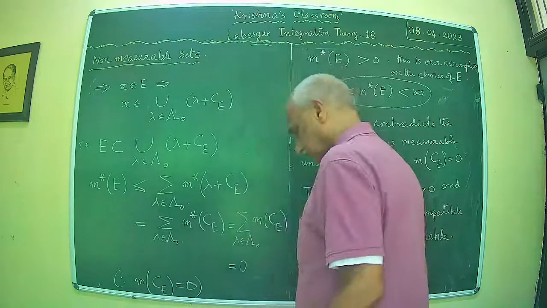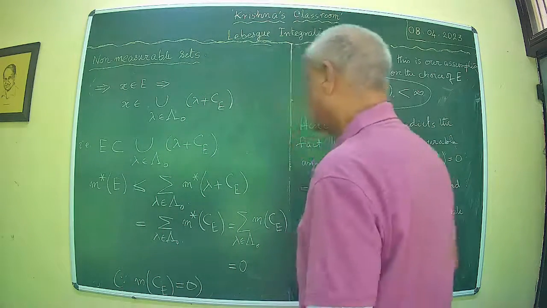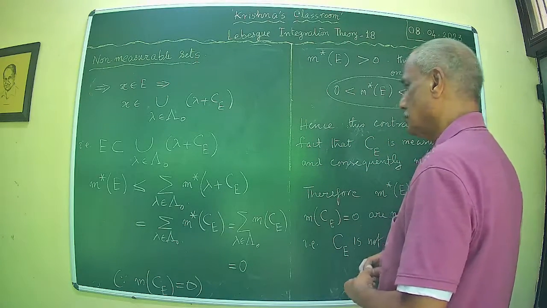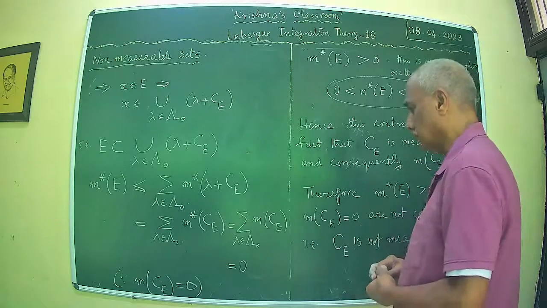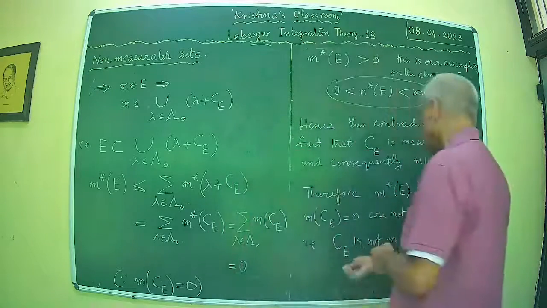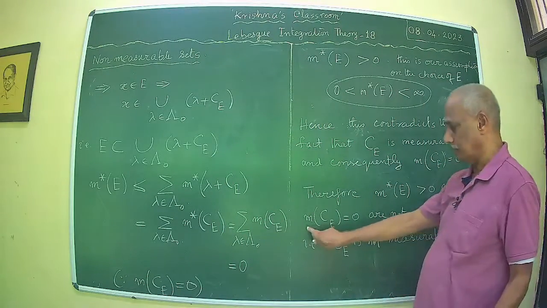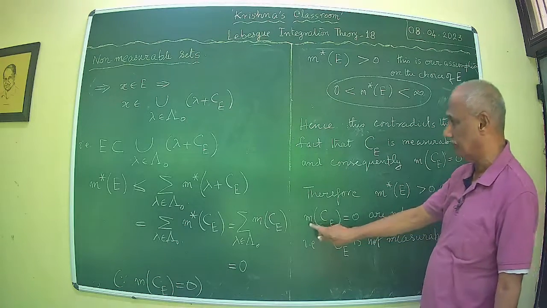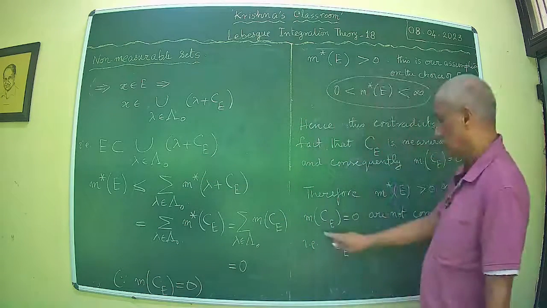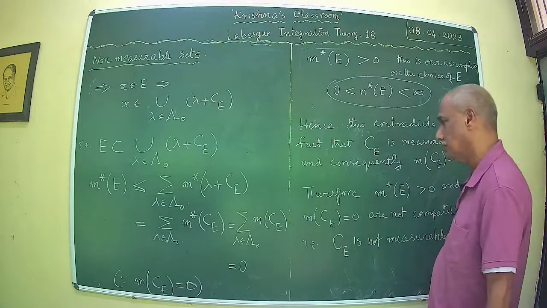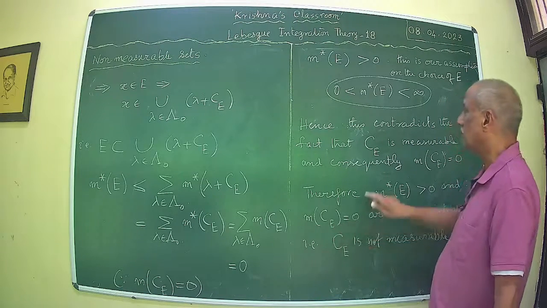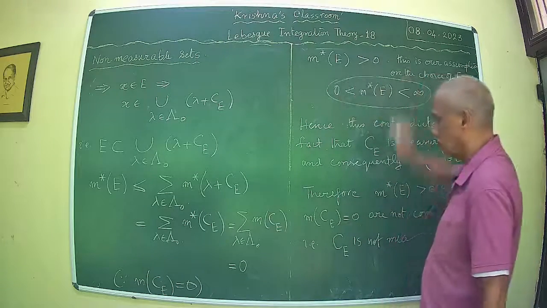Okay. Right. And therefore you see that eventually we obtained from the disjointness of this class measure of C equal to 0, and that contradicts our assumption that m star of E is positive.